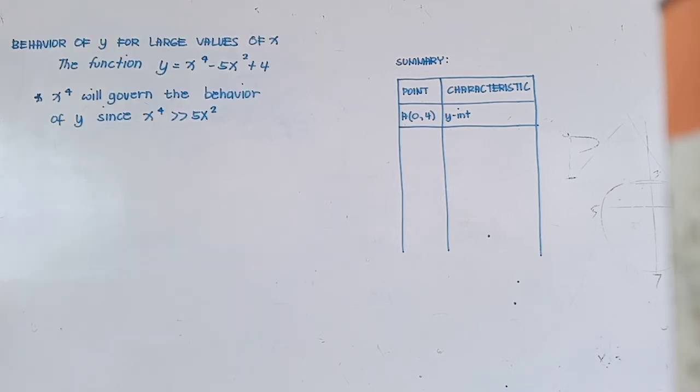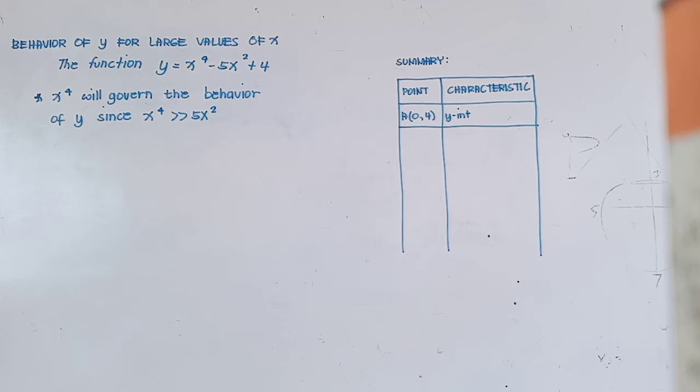In this step, we will not be determining a particular point, but we will generalize the behavior of our dependent variable, which is y, when x is very, very huge, both huge positive and huge negative. If you examine closely our function, x raised to 4 will be very much greater than 5x raised to 2 whenever x is very large already.